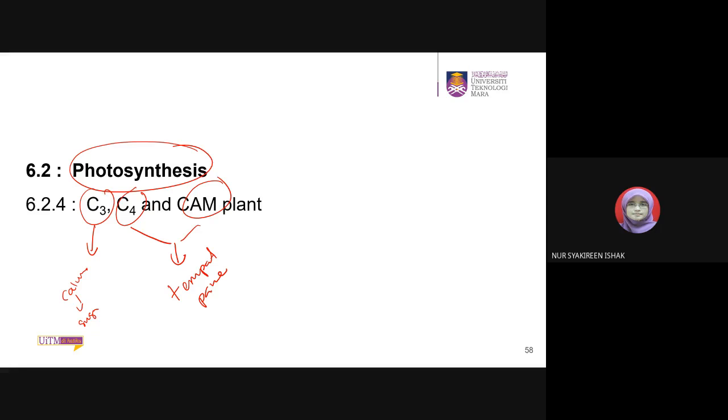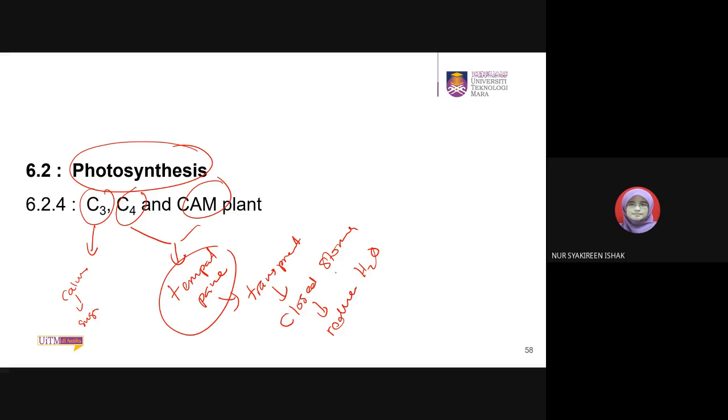So bila dia tumbuh kat tempat yang panas, untuk mengurangkan kehilangan air melalui transpiration, dia akan close stomata. Close stomata to reduce water loss during hot dry day.